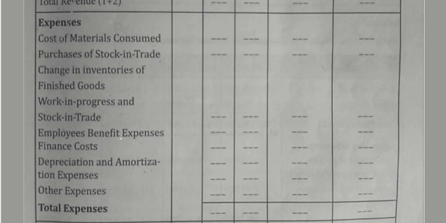Next we have the employee benefit expenses. Employee benefit expenses are expenses related to the employees of the concern, like salaries, wages, contribution to provident fund, any other fund, etc.